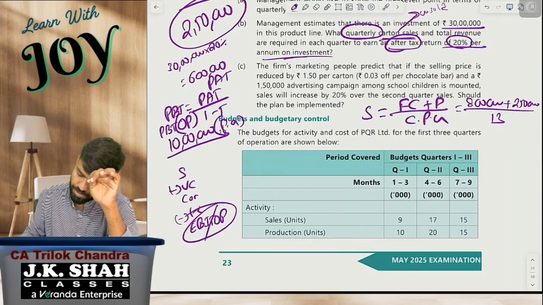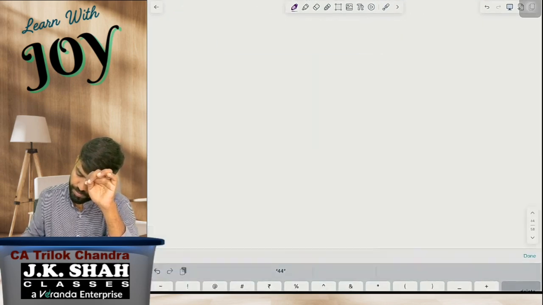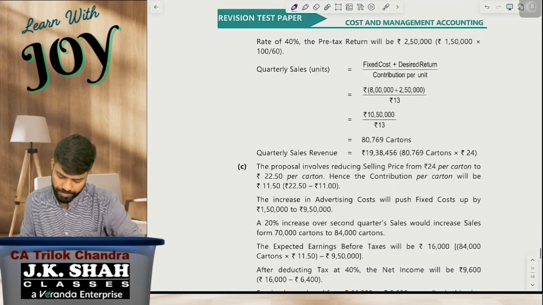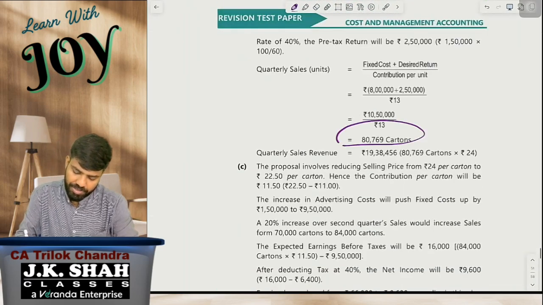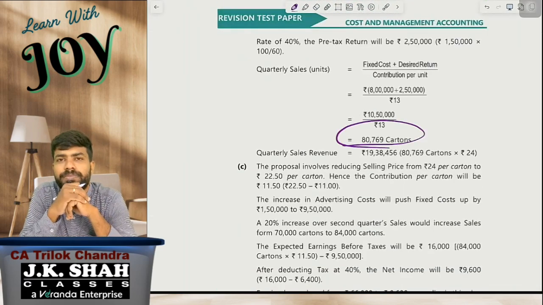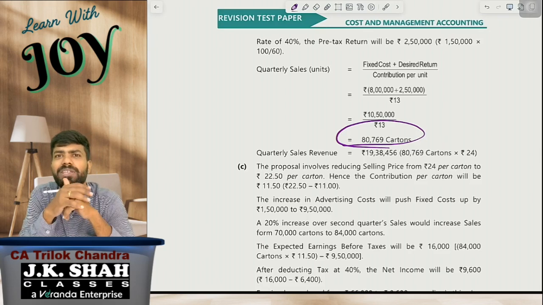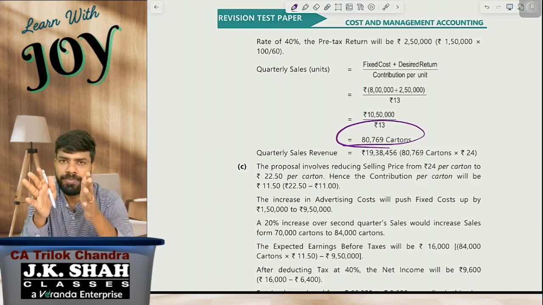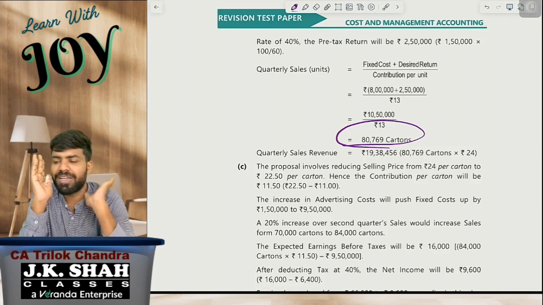Look at the solution. 80,769 is the quarterly sales. Have you understood this? All of you? Okay. One more thing: if you have any doubt at any point, please mention it in the comment section. Definitely, I'll revert back and sort it out.